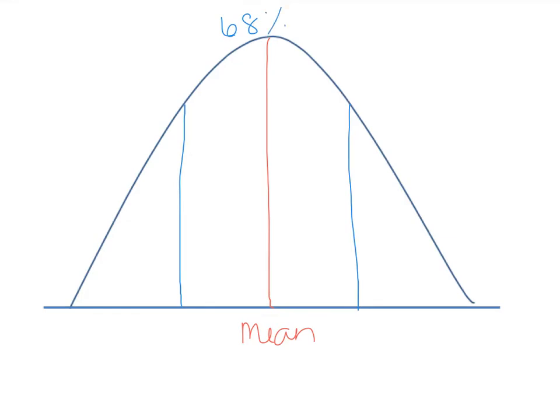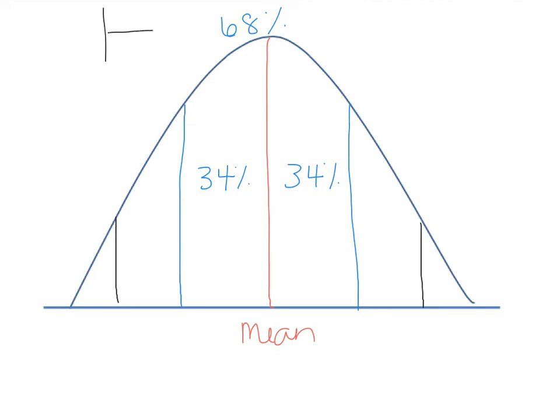So that means between the first blue line and the red line would be half of that, 34%, and then 34%. So total 68% would be between blue line and blue line. Okay? Then it says that 95% would be within two standard deviations. So if we drew another line down here, that would be our second standard deviation, our second line away from the mean. So 95% of our data would fall between here.